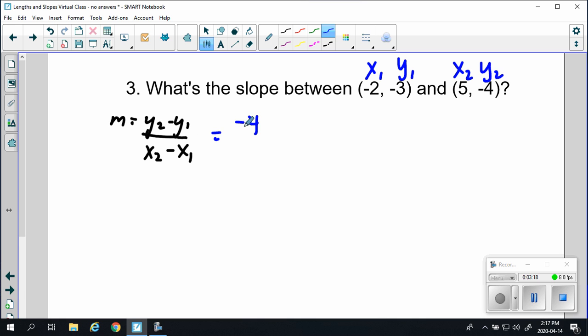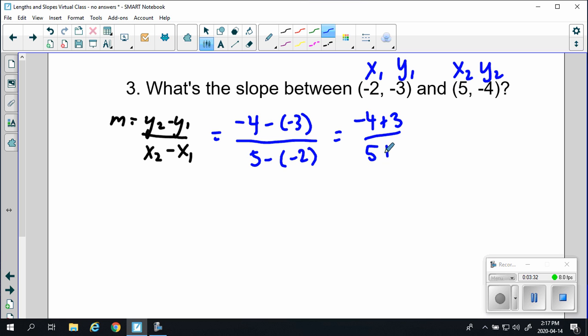So -4 minus y1, which is -3, and then x2, which is 5, minus x1, which is -2. Watch those double negatives because the top becomes -4 plus 3, and the bottom becomes 5 plus 2. So we're looking at -1 over 7. And that doesn't reduce any further, so this is the slope between those points.